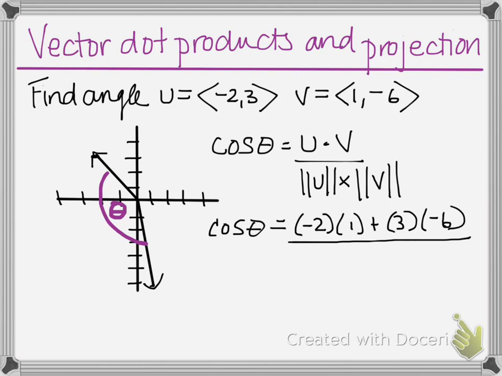Okay, then I'm also going to do the magnitudes, and I'm going to do these pretty quickly in my head. The magnitude of u is rad 13. The magnitude of v looks like rad 37. And then to get theta, I'm going to do the inverse cosine of all this, right?